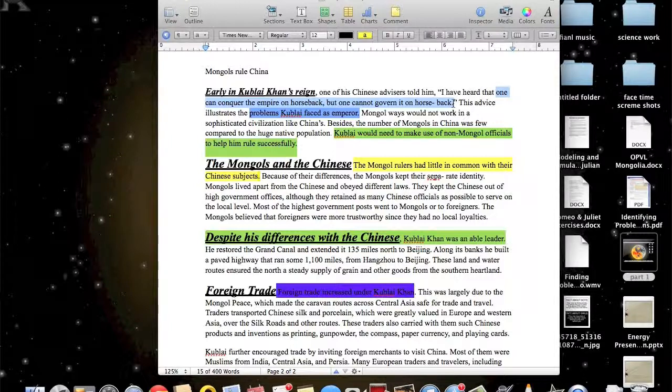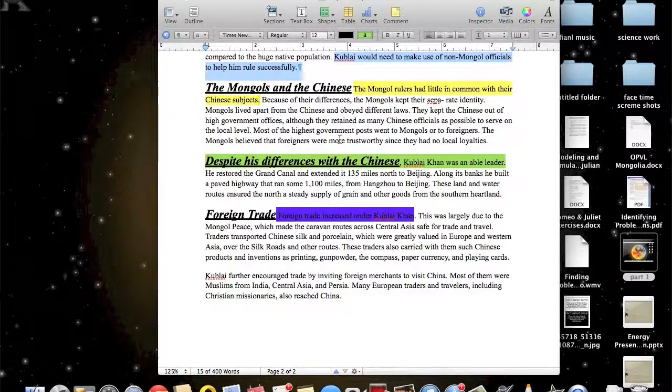That basically means you can conquer a place, for example China, by horseback riding, by killing everyone there, but you cannot govern or run that place on horseback. And the solution for that problem was that Kublai will need to use non-Mongol officials to help him rule successfully. Okay, that's one problem.